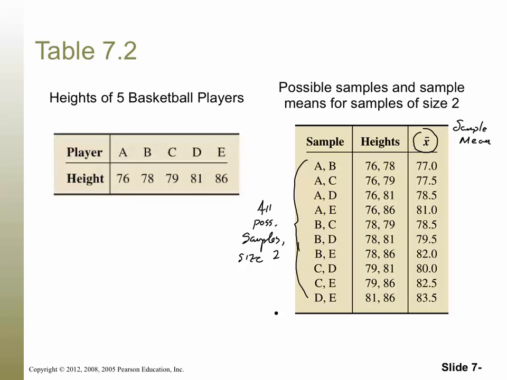So now if you look at these means, we have these 10 means. Those 10 means in and of themselves are a data set. So now we have a data set of 10 values. And what's the variable? The variable is sample means. Our original data set was just these 5 heights, but now we have a data set of 10 sample means.